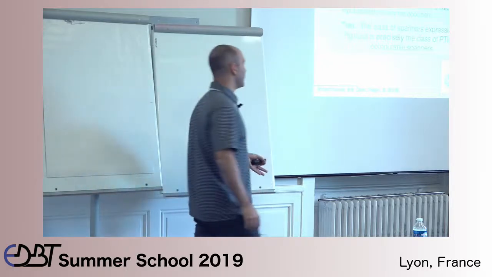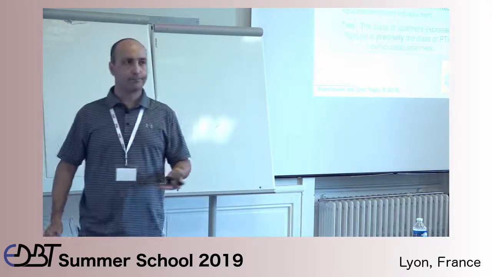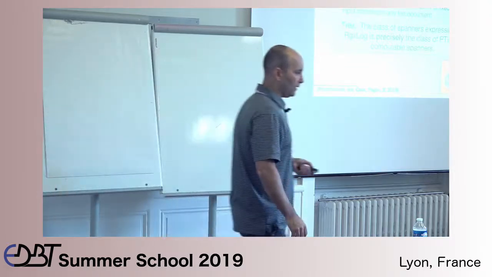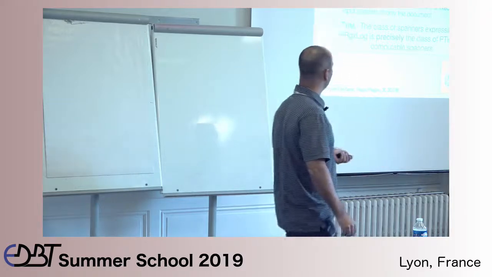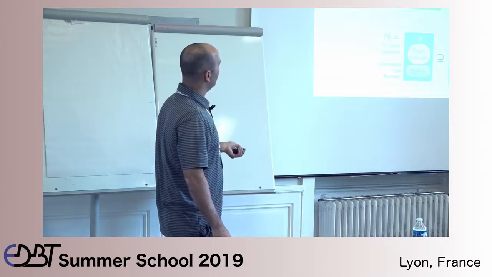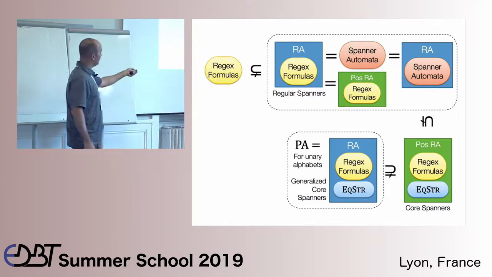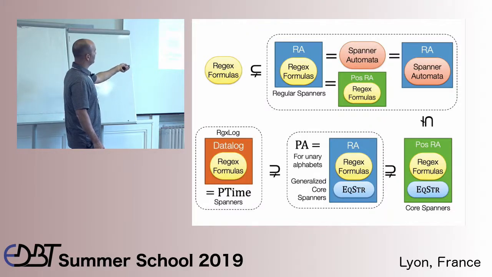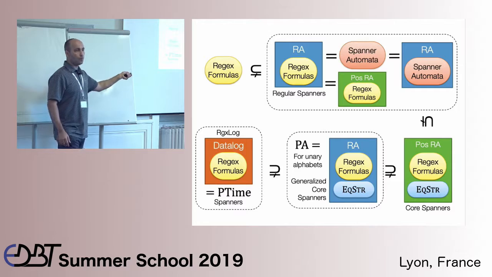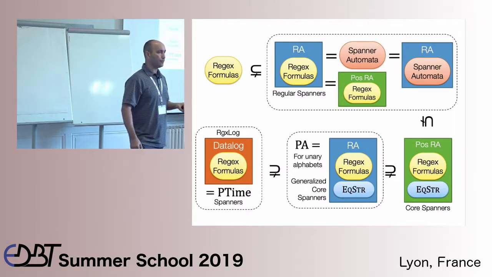For example, regex log, although it is only positive, is actually closed under difference, under negation, and other consequences. So in the end, what we get is that the generalized core spanners on unary alphabets are of the same expressiveness as Presburger arithmetic, and it is a strict subset of regex log, which is equal to the class of polynomial time spanners.